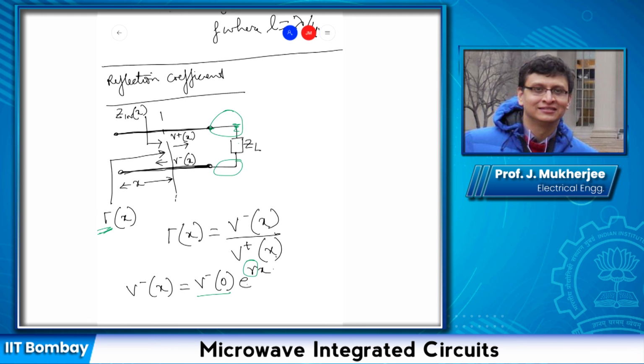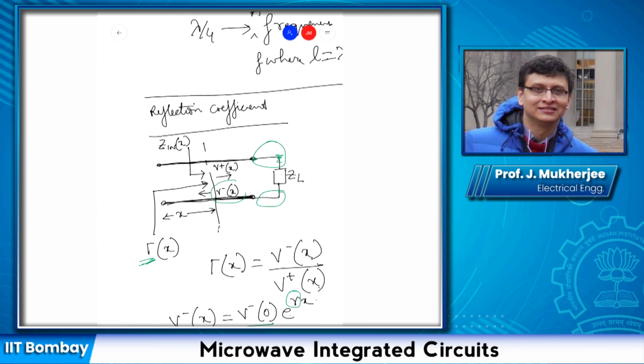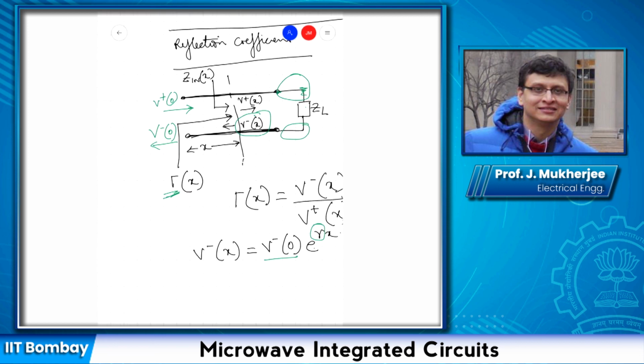V minus of 0 is the value of v minus of x at the source. It represents the amplitude of the wave traveling in the negative x direction at the source, and v plus of 0 is the amplitude of the wave traveling in the plus x direction at the source.